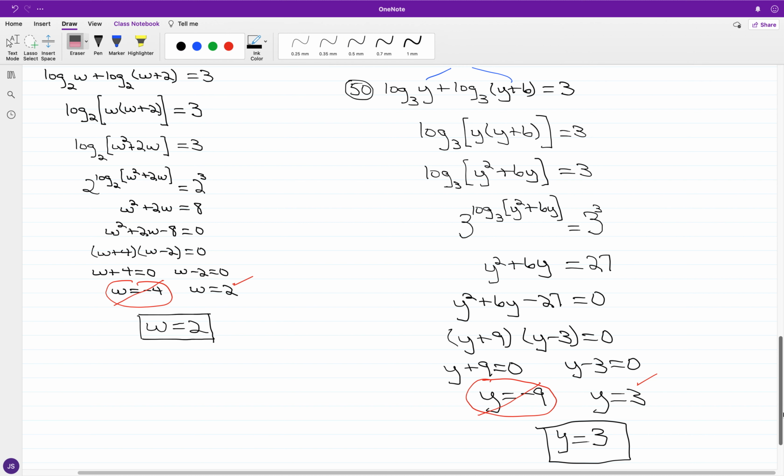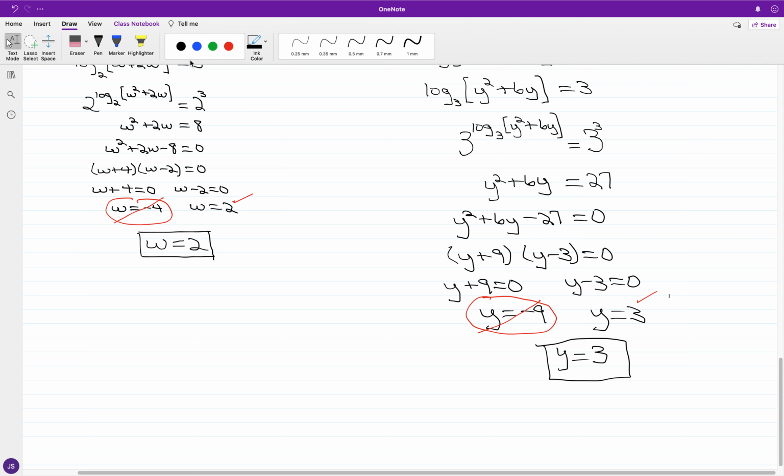Okay, now for number 54, this time we have the base 2 logarithm of x.